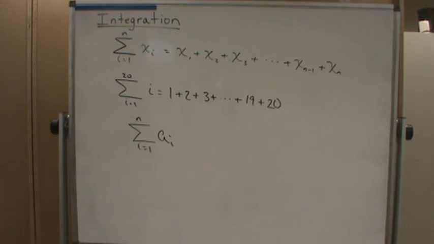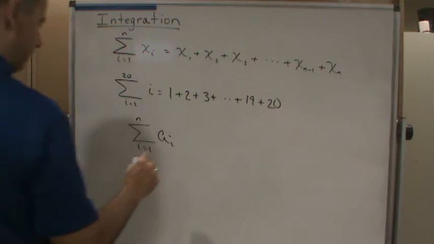So the notation might change a little bit. In this case, a sub i describes the terms to be added, and the i is called the index. The index goes from 1 to n.